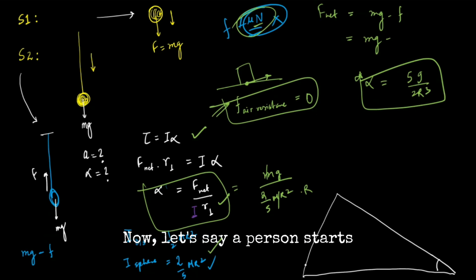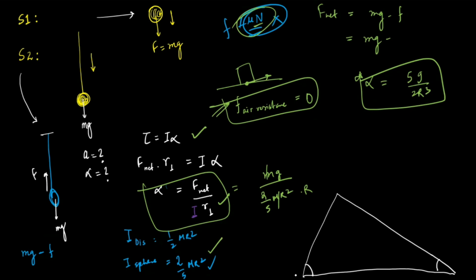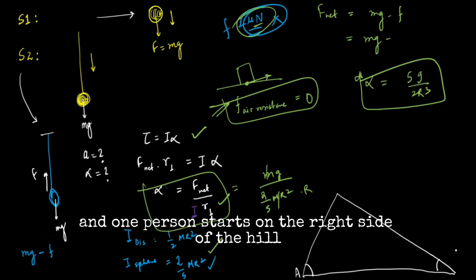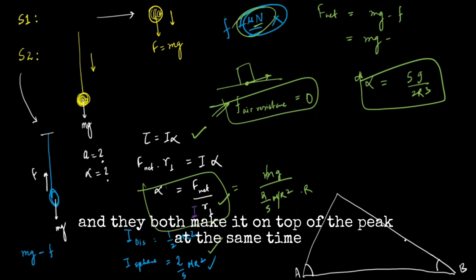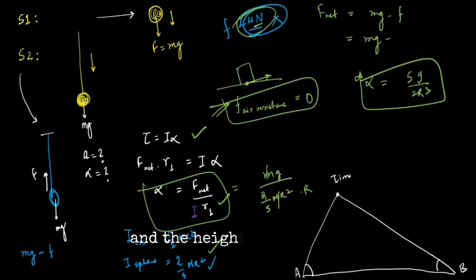Now let's say one person starts on the left side of the hill and one person starts on the right side, and they both make it to the top of the peak at the same time. So now we have to compare the powers of A and B. The height from the peak to the base is given as h.